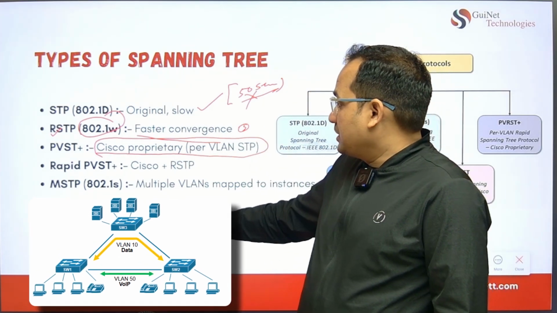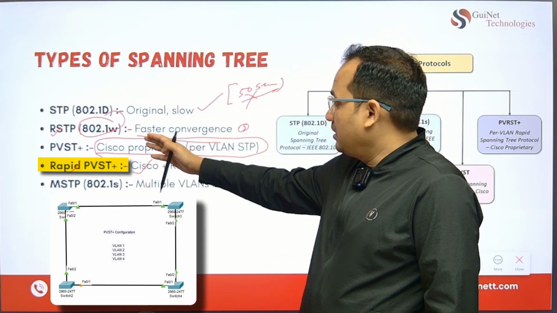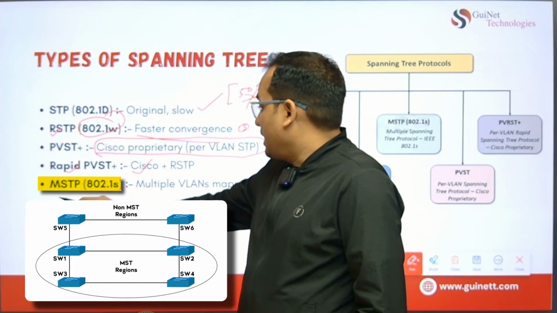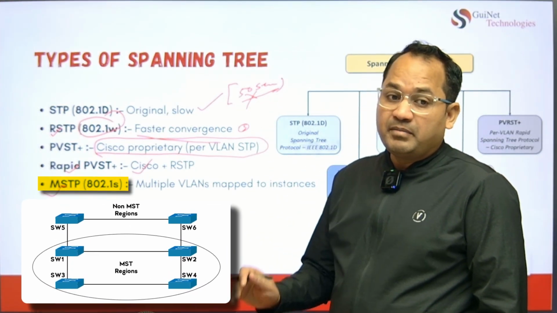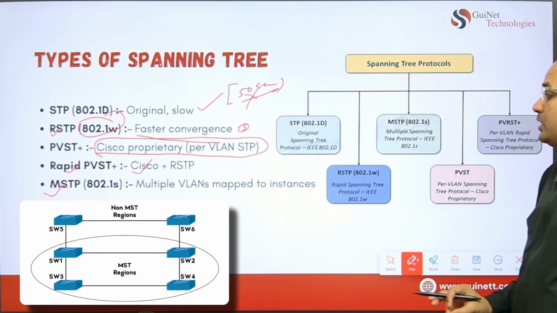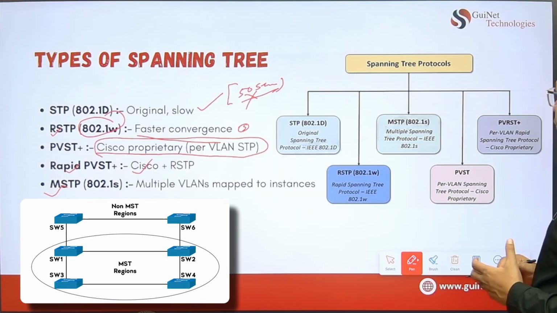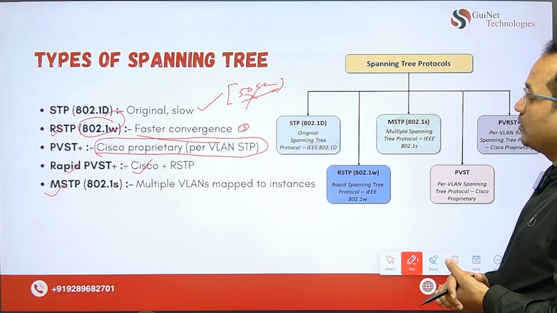And this is PVST. Rapid PVST is again Cisco, but it is faster than PVST. And there is MSTP as well, known as Multiple Spanning Tree Protocol. MSTP is also very important for groups of VLANs. If you want to make the communication based on a group of VLANs, this helps run the protocol for that group.